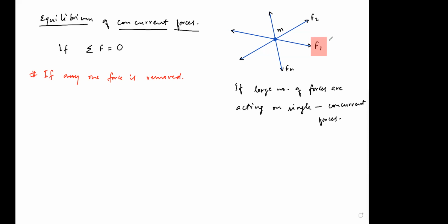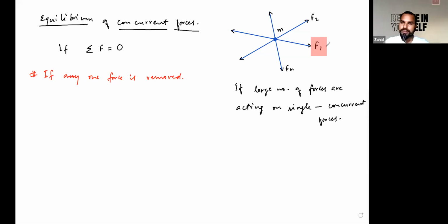Okay. My question is, if one force is removed from this entire set of forces, then will there be any acceleration to this particular mass or not? So you'll say this will be F3, F4, F5, F6, and so on.